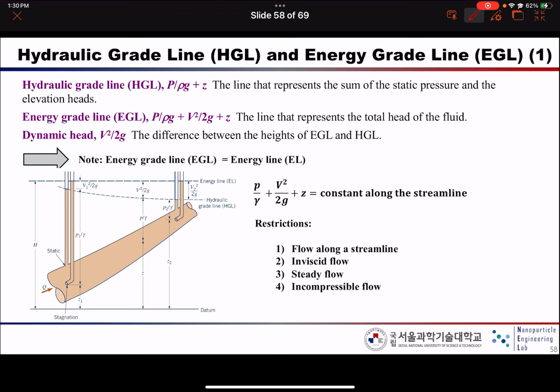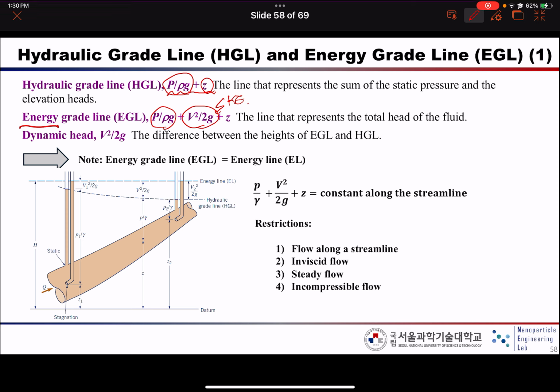So hydraulic grade line and energy grade line are very similar concepts. But the thing is, the hydraulic grade line considers the pressure head and elevation head. Okay, it is the summation of the pressure head and elevation head, but for the energy grade line you should also consider the kinetic energy as well.